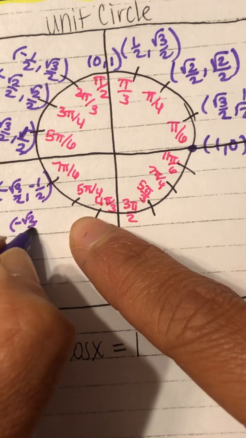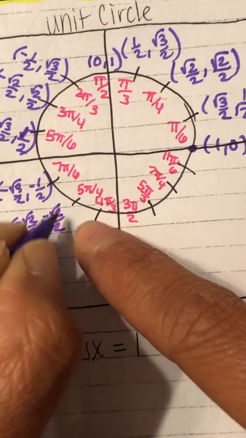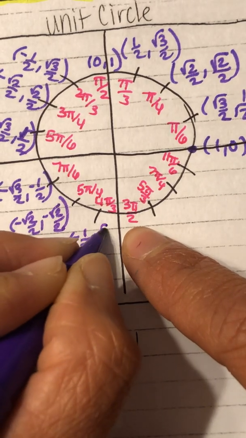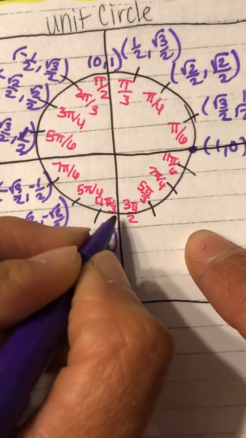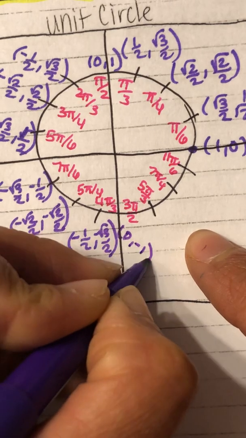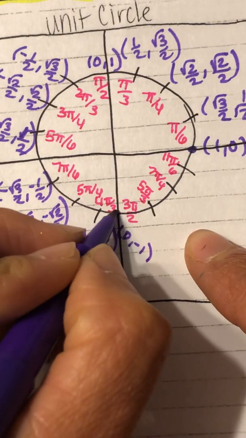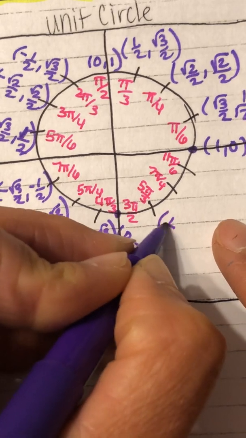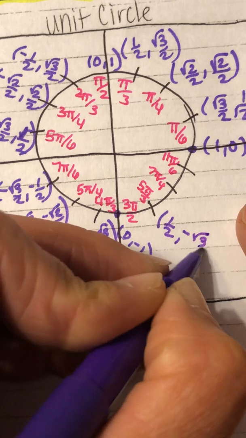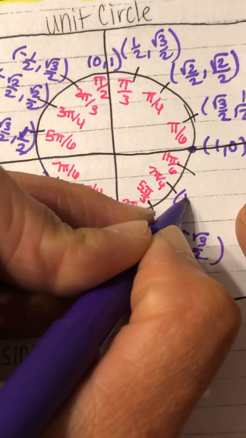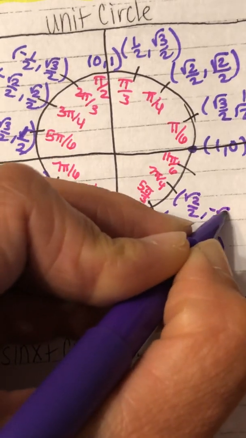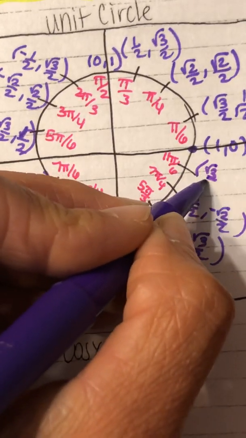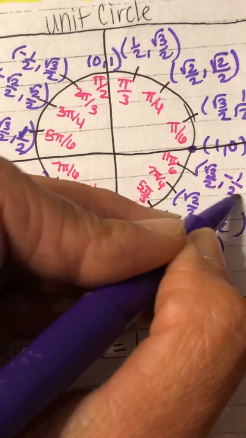Negative square root of 2 over 2, negative square root of 2 over 2, negative 1/2, negative square root of 3 over 2, and then this one is the point 0, negative 1. Then this one is pi over 3, so it's 1/2, negative square root of 3 over 2, square root of 2 over 2, negative square root of 2 over 2, and then this one is square root of 3 over 2, negative 1/2.